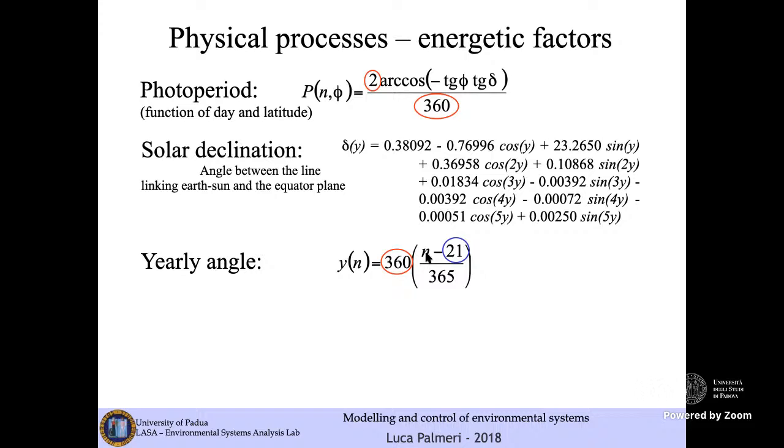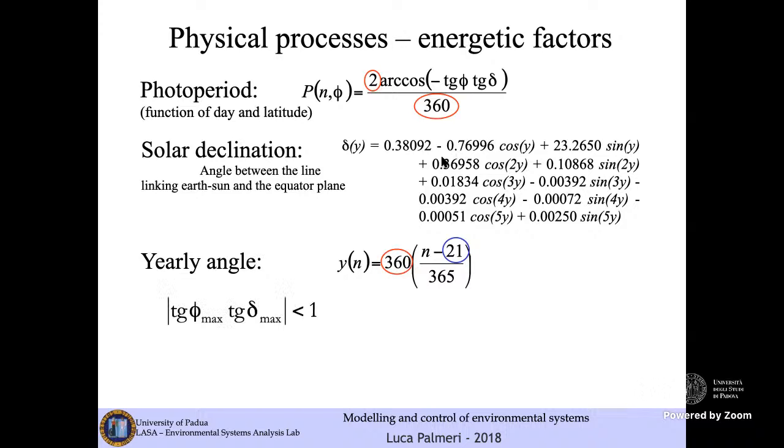We consider the first day of the year to be the 1st of March, so that during the 1st of March n is 0, so we have minus 21 divided by 365 multiplied by 360.